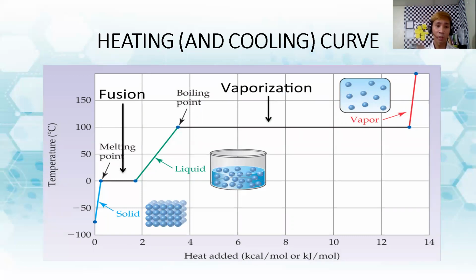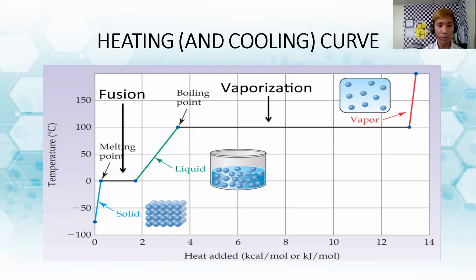On the y-axis, we have the temperature, and for the x-axis, we have the heat added. Right, so let's talk about the temperature as we turn the solid into gas form.